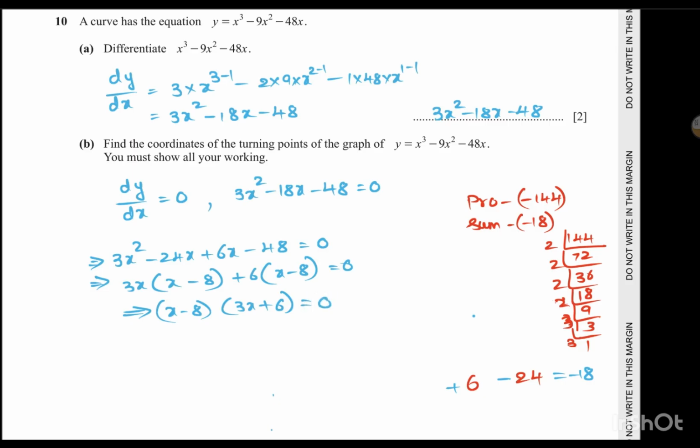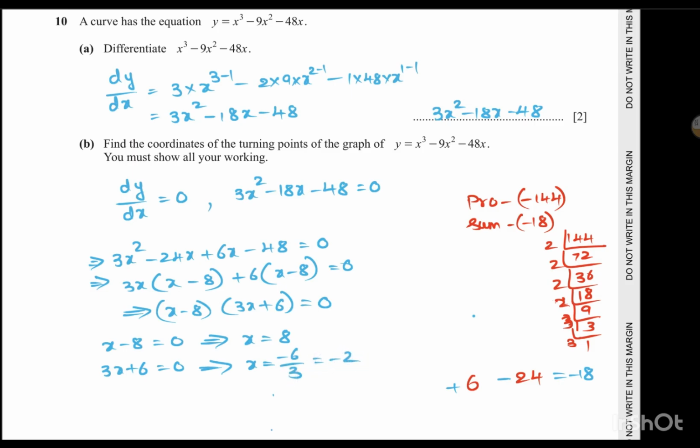Now we got the factors. Using this, x minus 8 is equal to 0 will give you x as 8, and 3x plus 6 is 0. This gives you x as minus 6 by 3, which is minus 2. So we got the x values here.